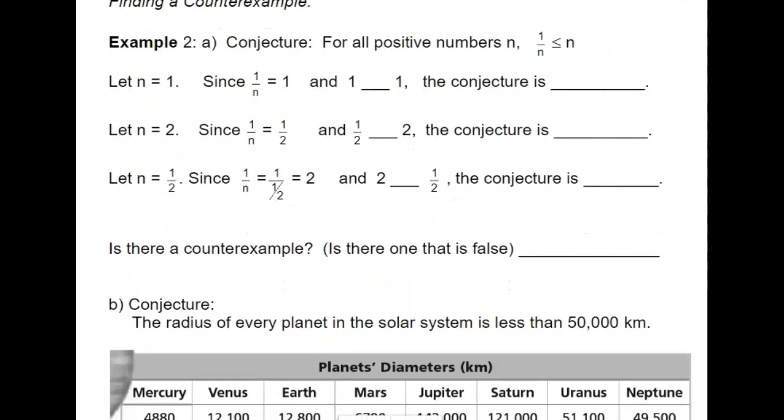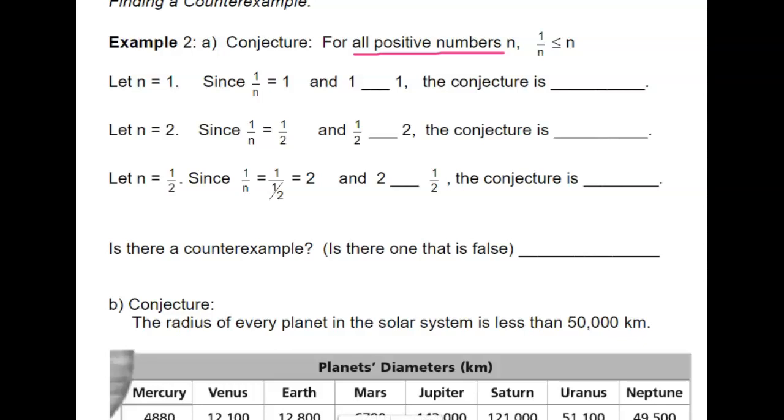So in example 2, the conjecture is that for all positive numbers n, 1 over n is going to be less than or equal to n itself. So we're going to have some examples, and we're going to see if we can figure out either a counterexample or if we can prove this. So let's let n just be 1. That's a positive number, right? And the conjecture is that for all positive numbers n, this is true.